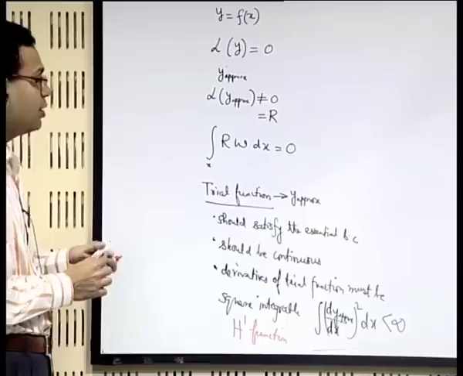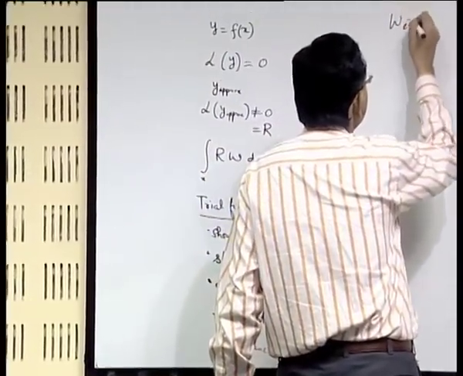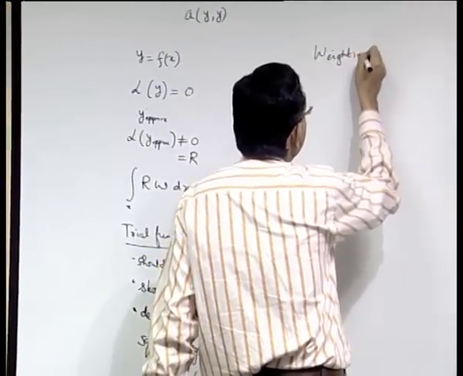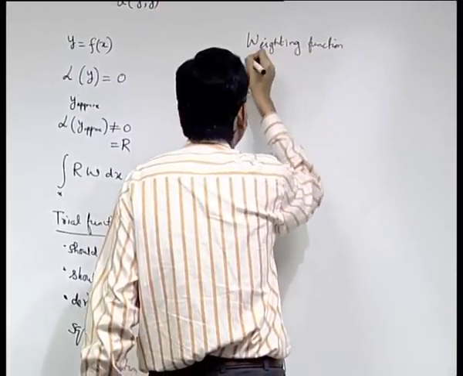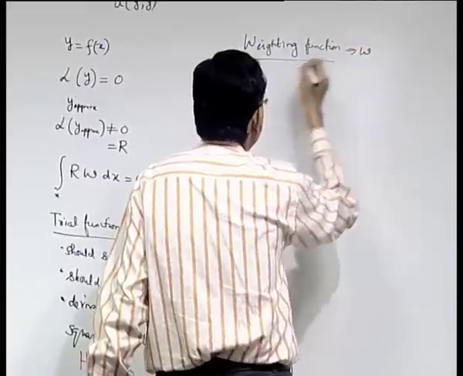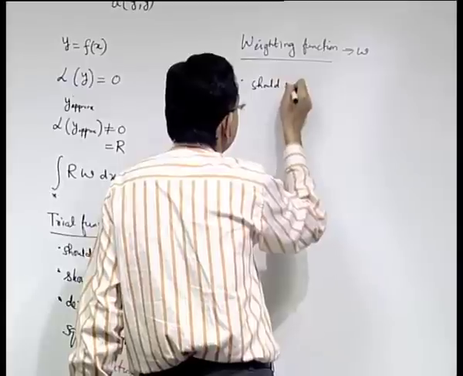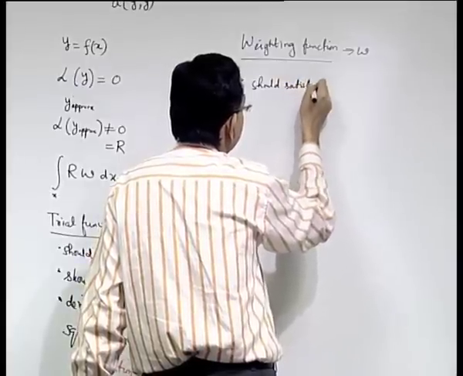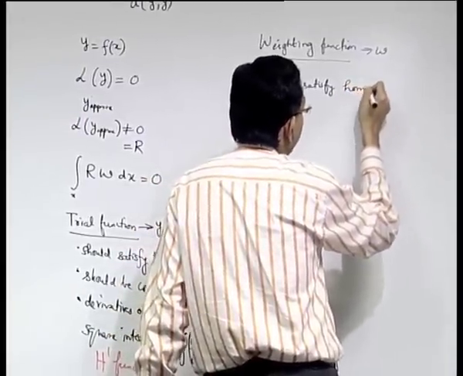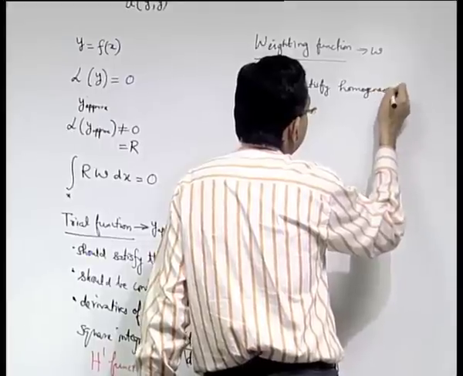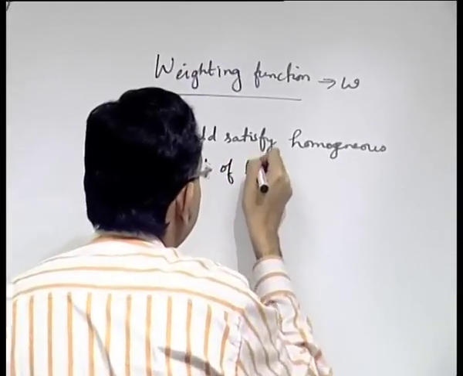Now, what about the requirements of the weighting function? That is W. It should satisfy the homogeneous part of the essential boundary condition.